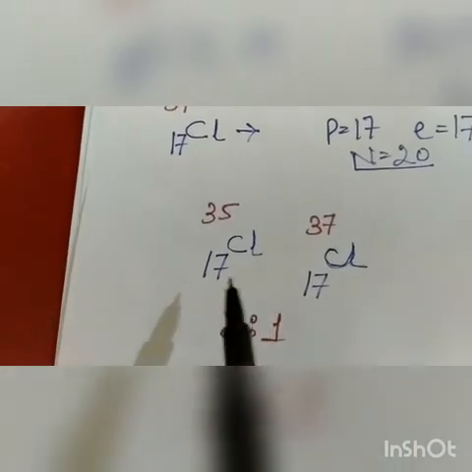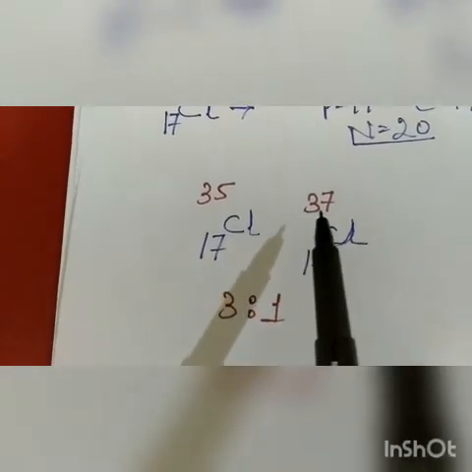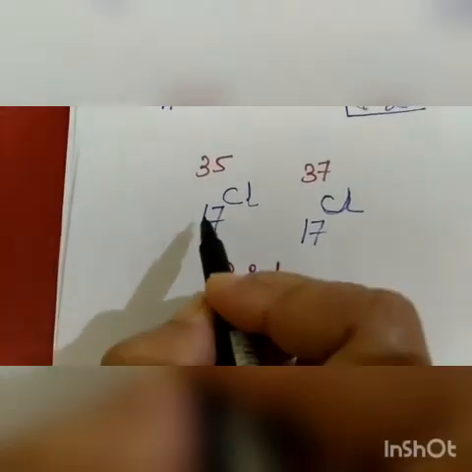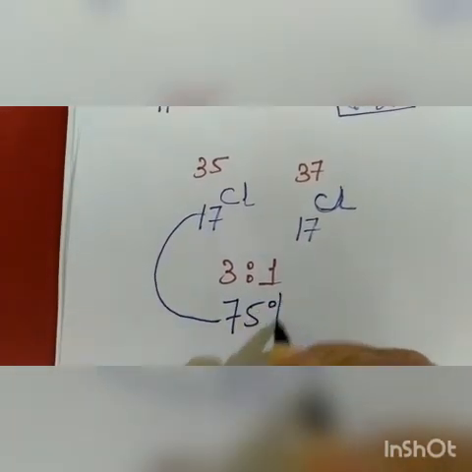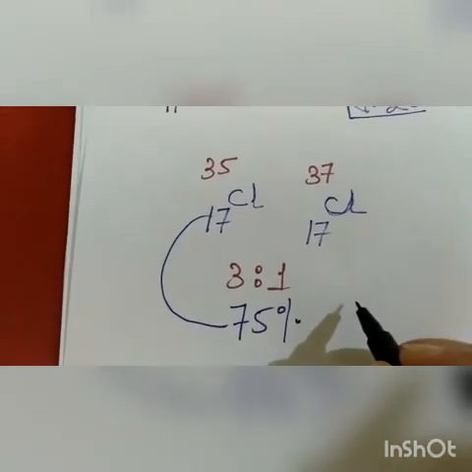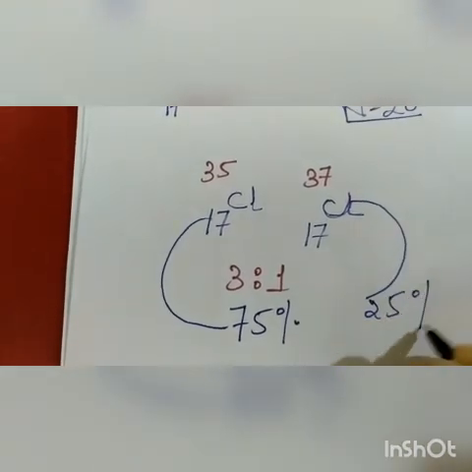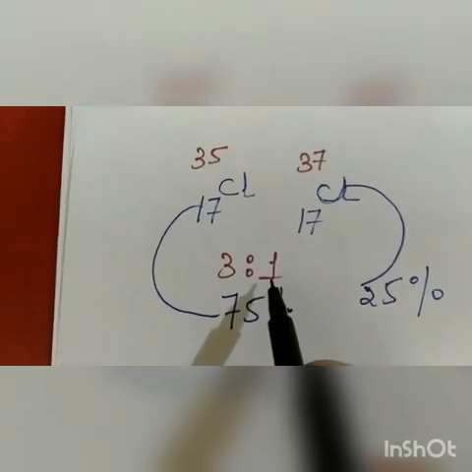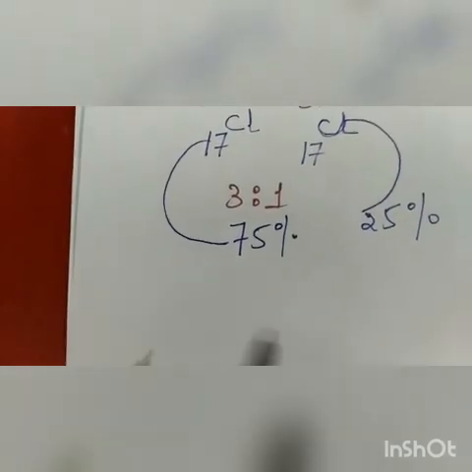See here, this is an isotope having atomic mass 35. This is another isotope having atomic mass 37, and they occur in the ratio of 3:1. This isotope contributes 75% of the average mass of chlorine, and this contributes 25%. I hope you know how to find the percentage if the ratio is given. Now we will find the average atomic mass.